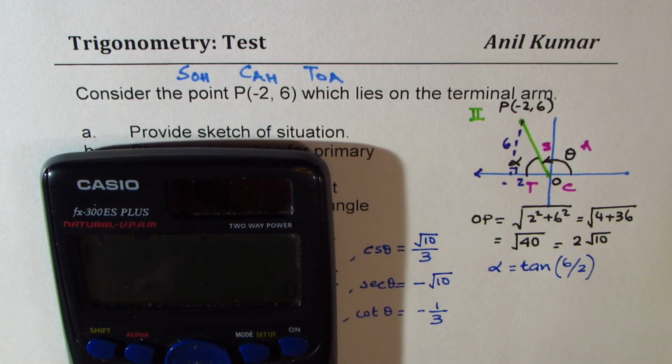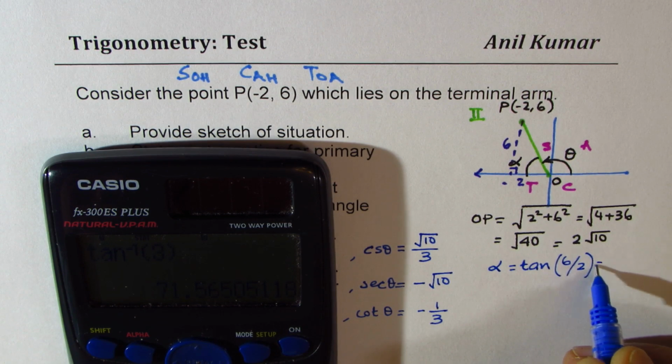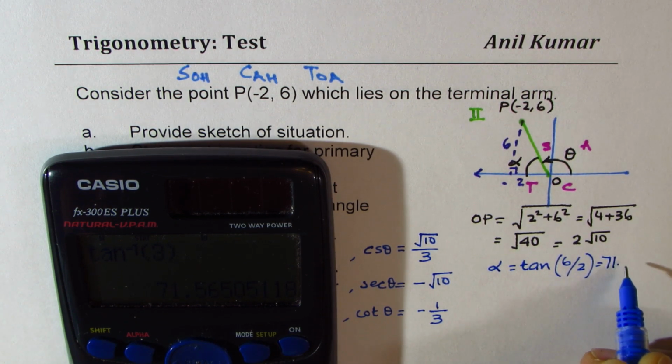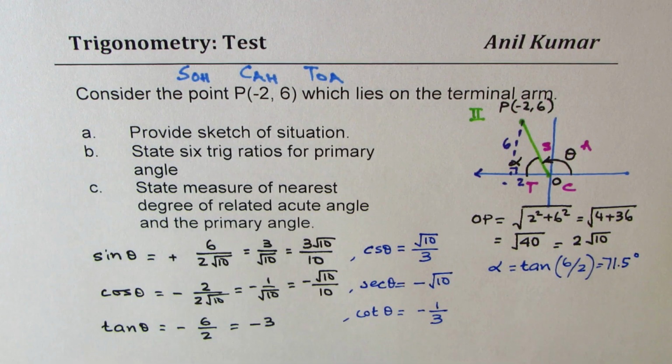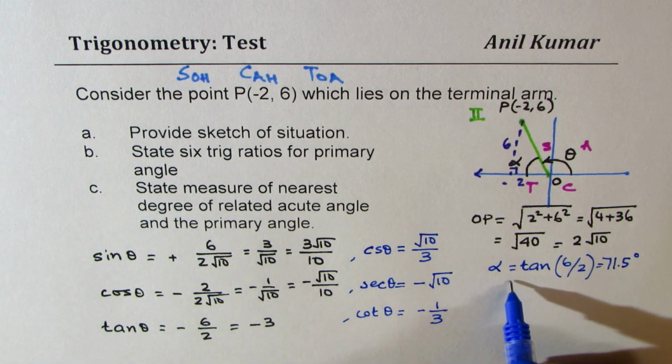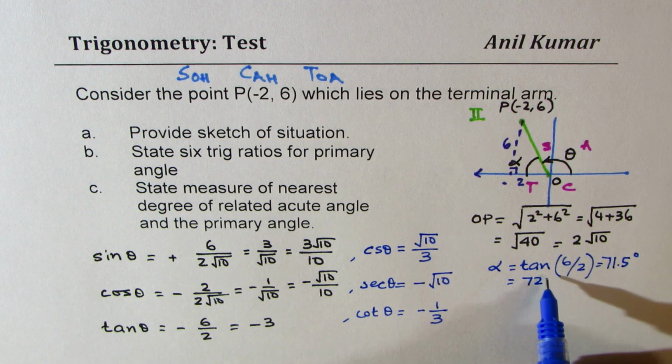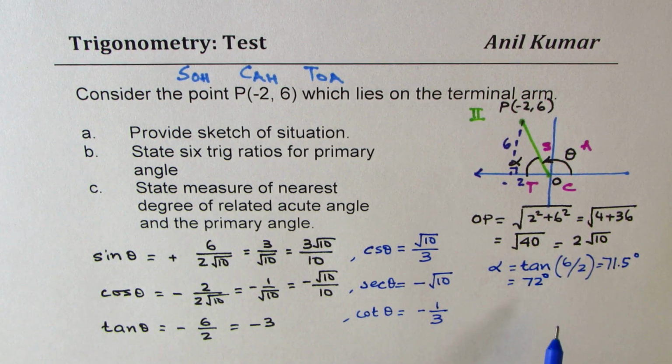We'll round it to a whole number. Shift tan inverse 6 over 2, which is 3, is equal to 71.5 degrees. Rounding to whole numbers, we get this angle as 72 degrees, right?